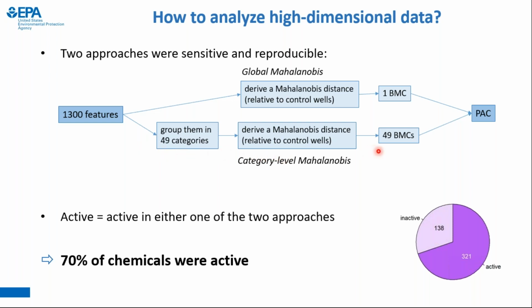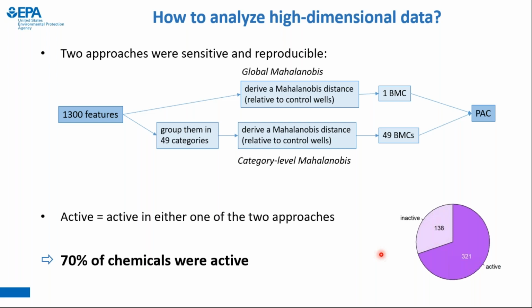That results in 49 curves that are fit, so potentially 49 benchmark concentrations, and we picked the most sensitive one as the phenotype altering concentration. And then we decided to call a chemical active if it was active with either one of these two methods. If we use this strategy, 70% of the chemicals were active, as indicated here on the right.